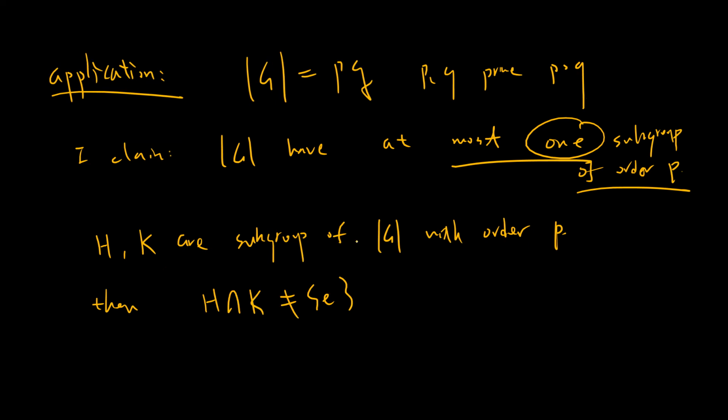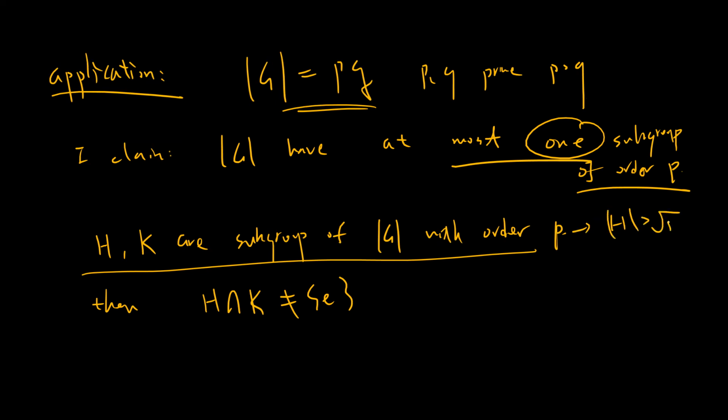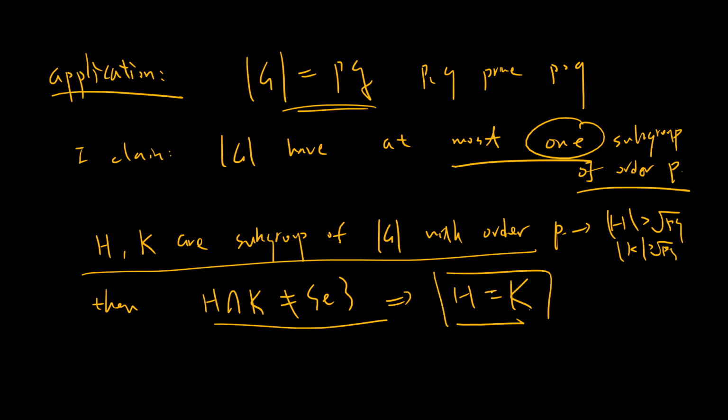The reason is that since H and K are both subgroups of G with order p, this just translates into |H| greater than square root of pq, |K| greater than square root of pq, right? But then H intersection K cannot be identity, right? But |H| is a prime, |K| is a prime, right? If their intersection cannot be identity, that means H must be equal to K by Lagrange's theorem, right?